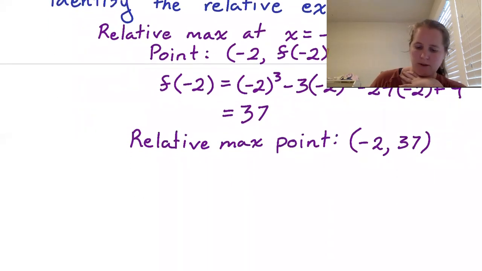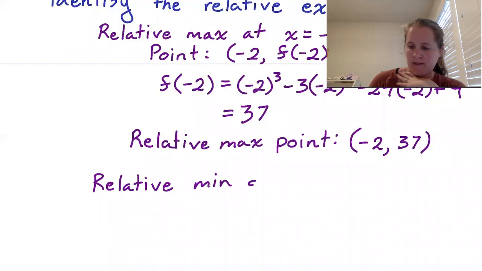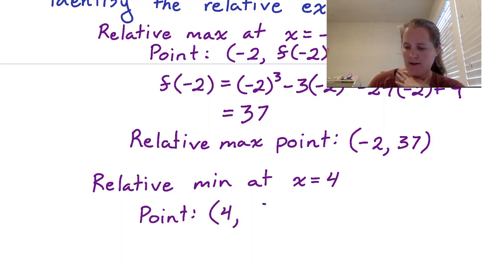Next up, we had a relative min at x equals 4. So the point would be at 4 and then f of 4.